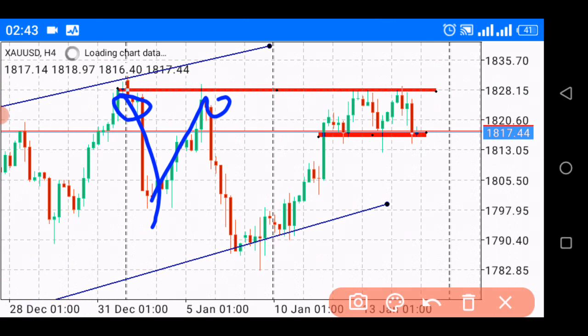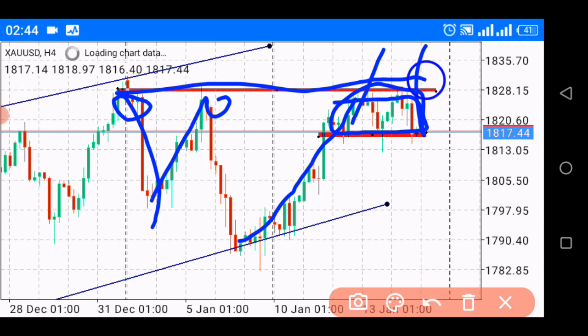I know that even if the market is going to break it out, it is going to break it out in two ways, either with consolidation and break it up, or with a momentum candle, because this is automatically a support, resistance structure there.